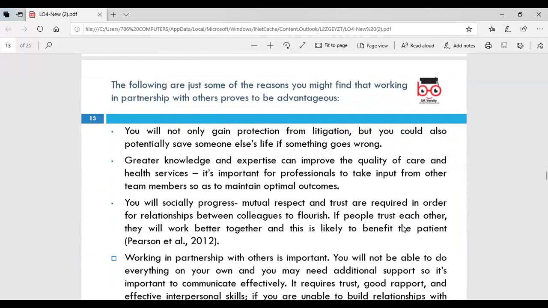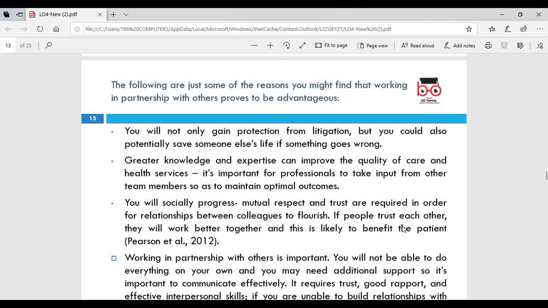Some reasons you might find that working in partnership with others proves to be advantageous: you will not only gain protection if you made a mistake, but you could also potentially save someone's life if something goes wrong. You have some support in case you make mistakes, because we all make mistakes.